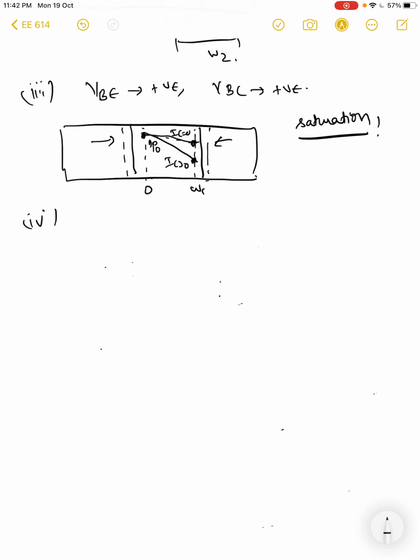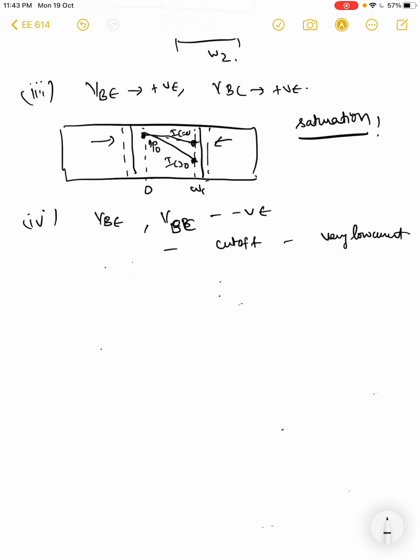Next, let's look at the situation when both the base emitter and the collector base are both negative. Base collector are both negative. Then we have the cutoff, and both of them are reverse bias, so we have very low current. And this is the fourth region of operation, right?